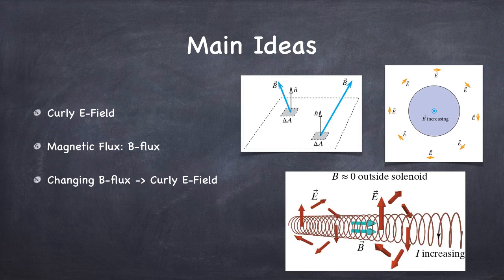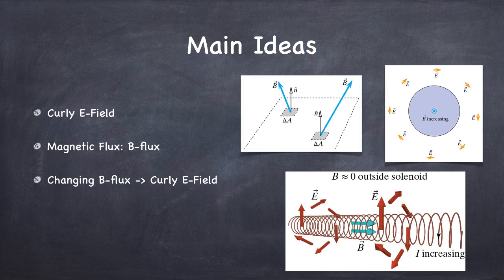The other thing is that getting the direction of the electric field correct is tricky sometimes. If the magnetic field is changing, you can relate it directly to the rate of change of the magnetic field. But there are times when the flux is changing, but the magnetic field is not. You notice that the flux has to do with the area and the dot product of the normal vector with the magnetic field.